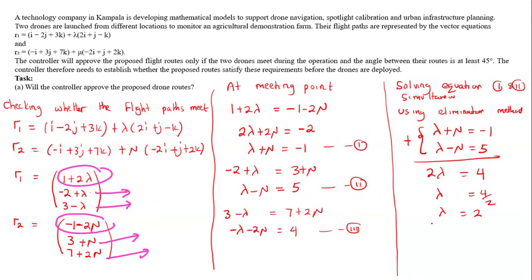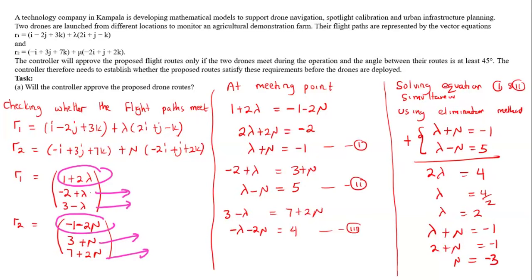I use one of the equations to get mu, so I have lambda plus mu is equal to -1, so 2 plus mu is equal to -1. So my mu here, when I take that to the other side, is -1 minus 2, which is going to be -3. So that is your lambda and that is your mu.